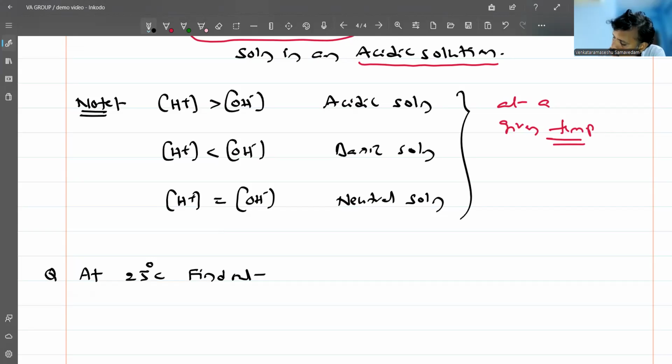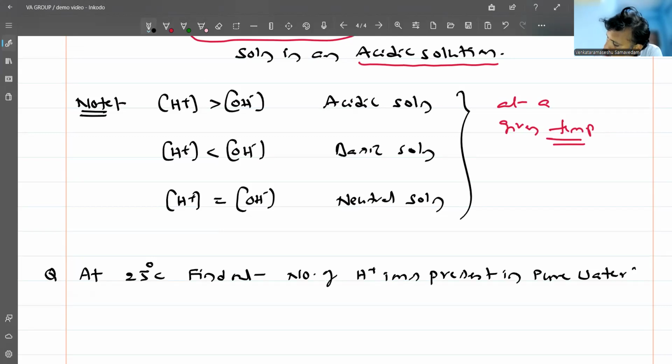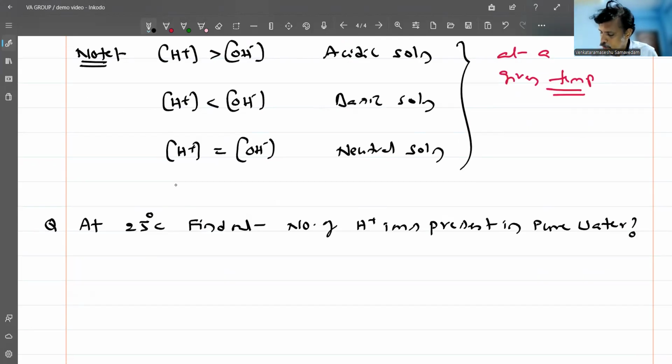Find out the number of H plus ions present in pure water. In the case of pure water, what they are asking is to find out the number of H plus ions present in pure water. How to solve this question?